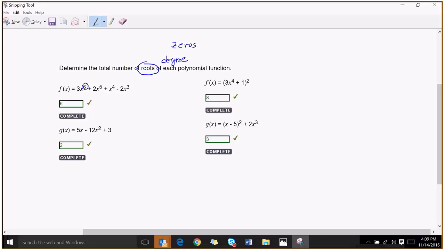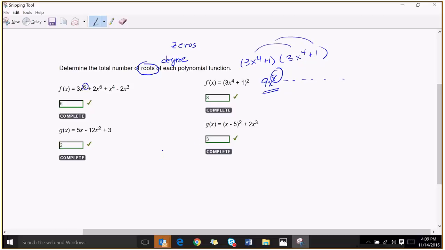Now, in the next question, when you square this, you're going to end up with 9x to the 8th, etc. Because if you took 3x to the 4th plus 1 times 3x to the 4th plus 1, you'd FOIL that out, and that's where you'd get that largest exponent of 8.